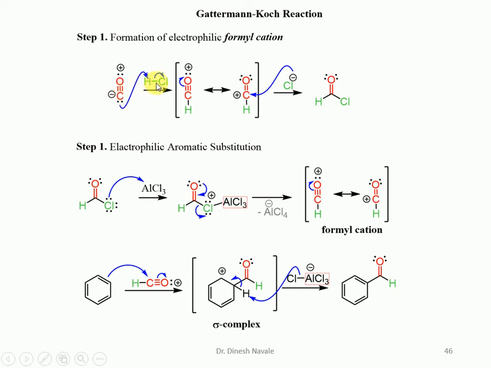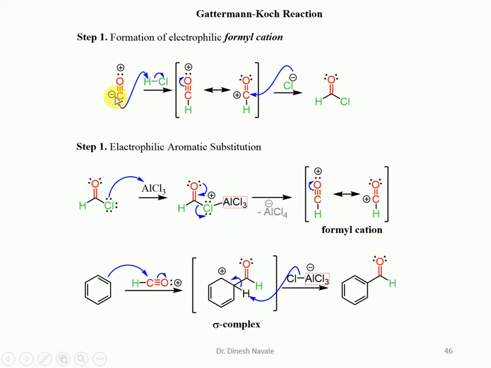Carbon monoxide on reaction with HCl will give formyl chloride. That formyl chloride, on reaction with AlCl3 as a catalyst, will give the formyl cation. In the next step, aromatic electrophilic substitution is carried out with the formyl cation, giving the aldehyde as the product. So what is the first step?